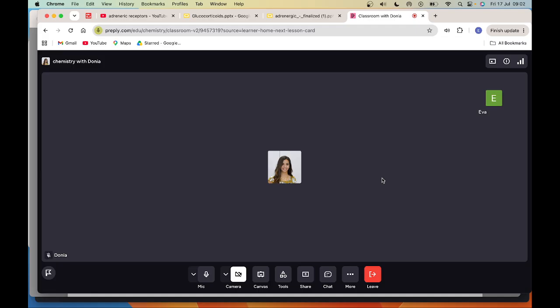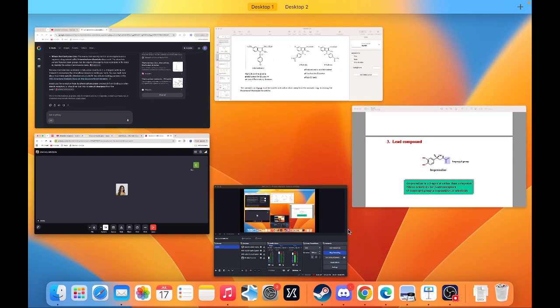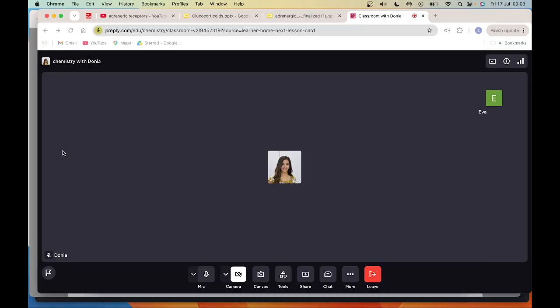So let's start. We will review the non-steroidal anti-inflammatory drugs, right? Can you remember when we said that in our phospholipid bilayer, when it is injured, the phospholipase A2 enzyme works on it to release what's called the arachidonic acid?